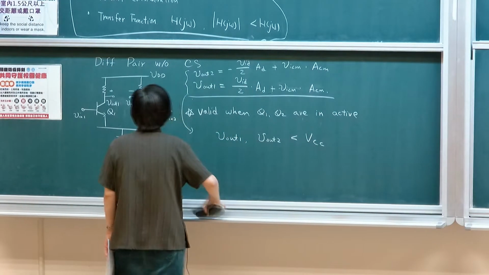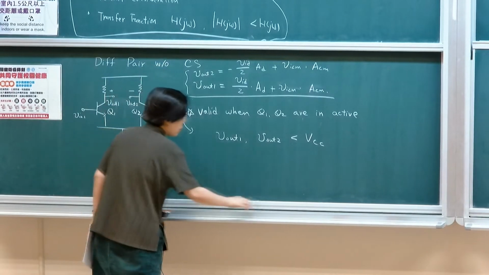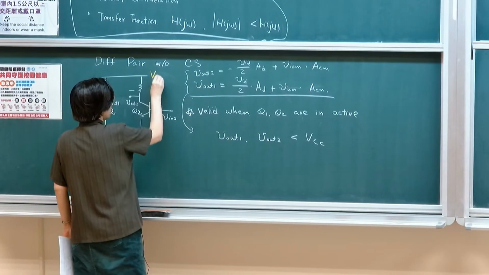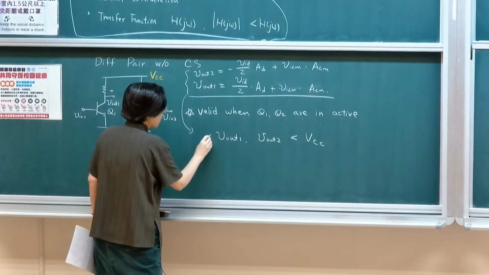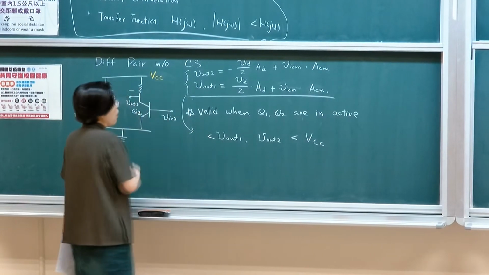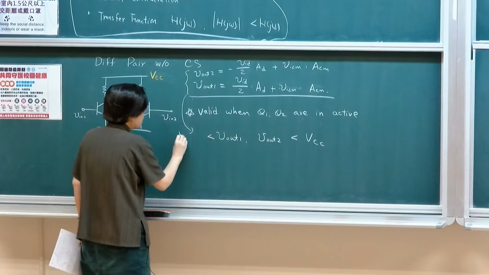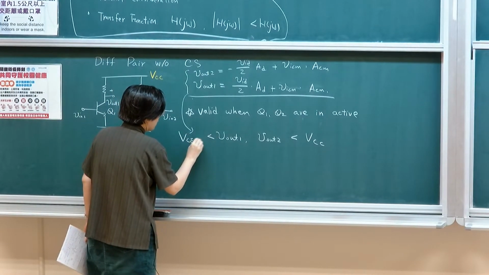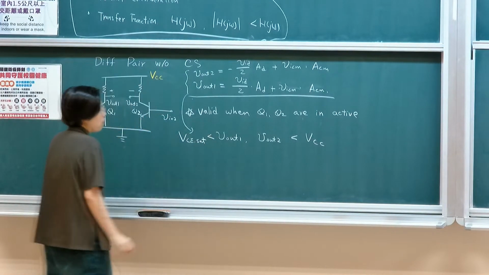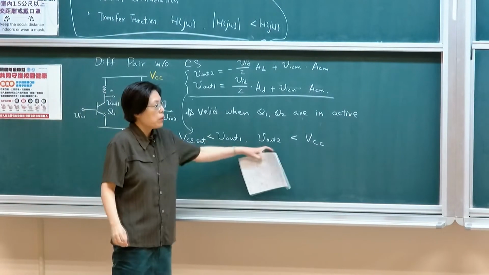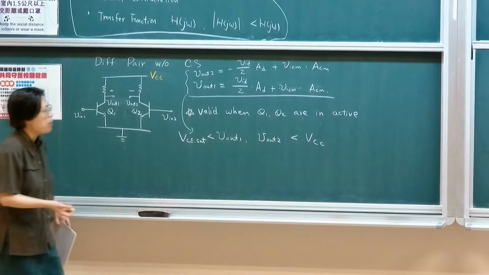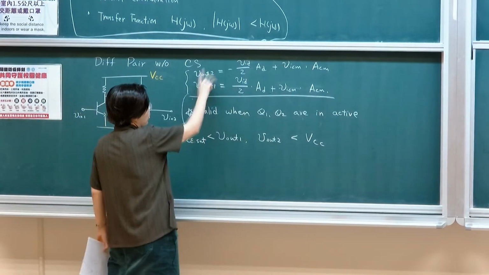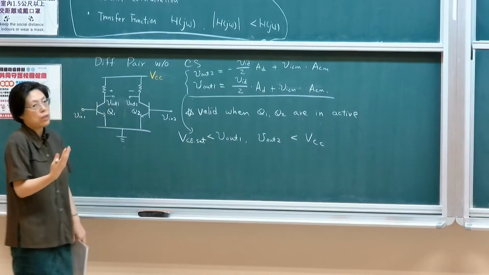To make it clear, this is VCC. The lowest is when this device operates in saturation, so that will be VCE sat. If your output is within this range, we assume that our transistors will operate in active mode. Therefore, this will still hold using the small signal model.